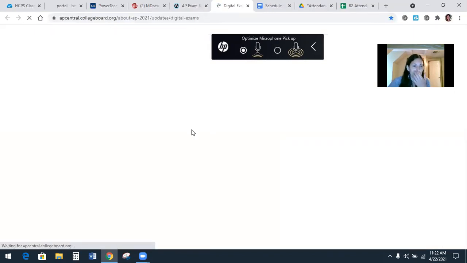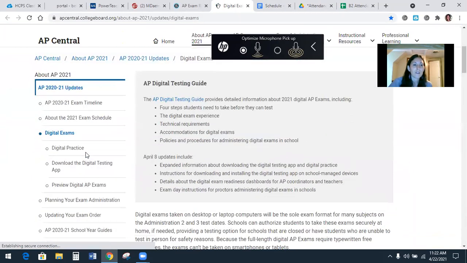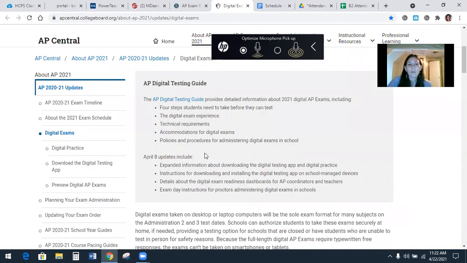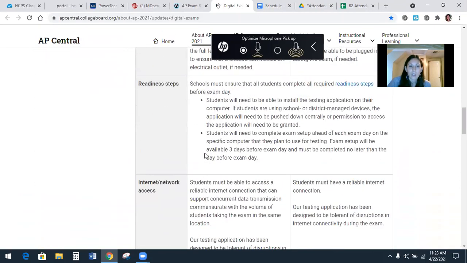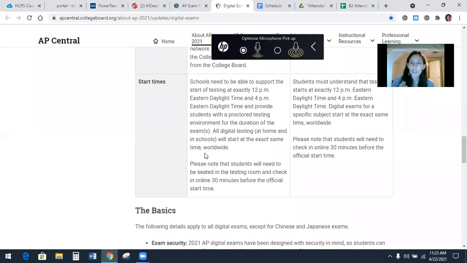Now, I linked it to this screen right here, digital exams. But if you look off to the left-hand side, there are all these other links to all sorts of other information. And I encourage you to look through this. I am not going to read all of this to you, but these are all the steps that you need to take before the day of the exam. Everything you need to know about your computer, the start times. Your exam for this class is June 9th, and it starts at noon.